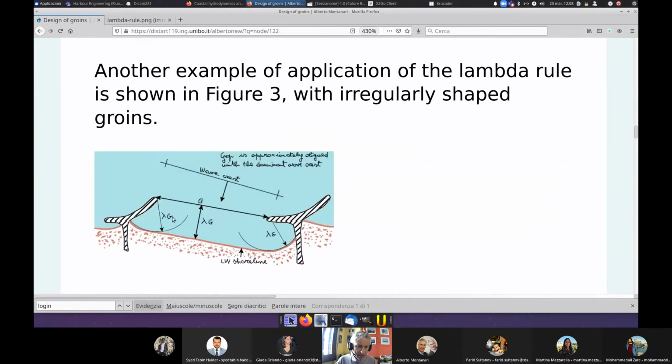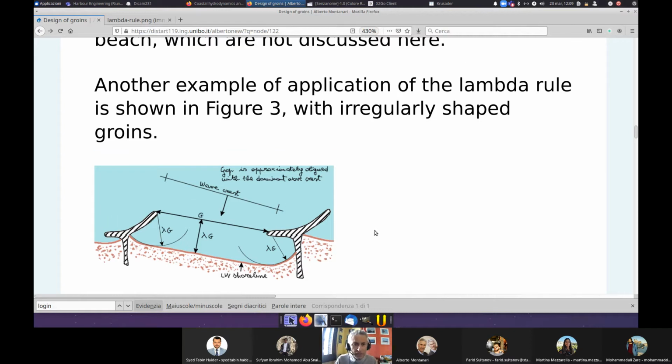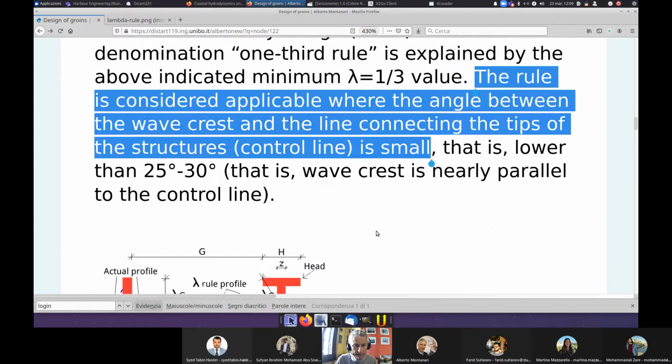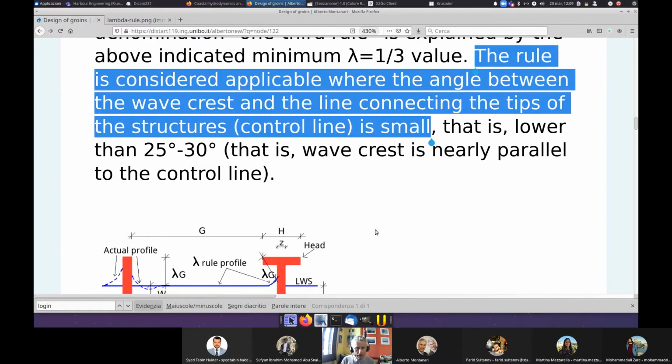In this case, the control line is still parallel, but you see that the gap is approximately aligned with the dominant wave crest. This is the message that I want to give you. So the rule is applicable if the control line is almost parallel and or the angle is reduced, 25-30. Let me go up again. This is what I was saying.